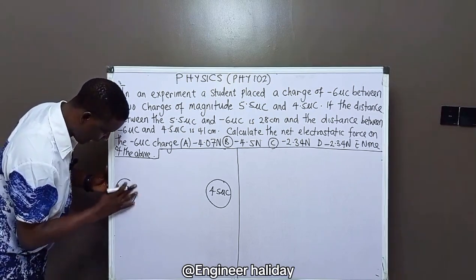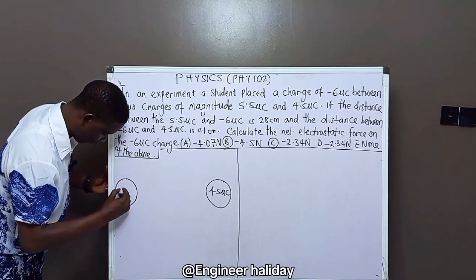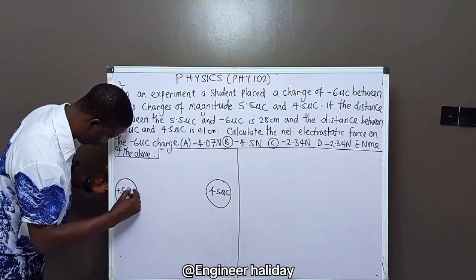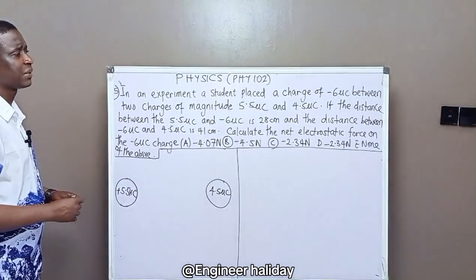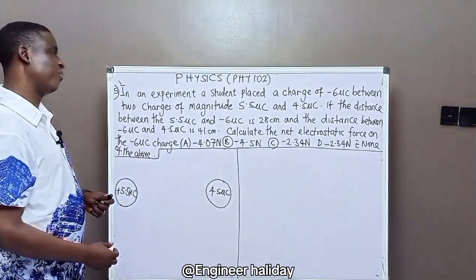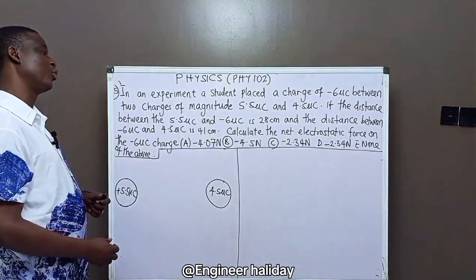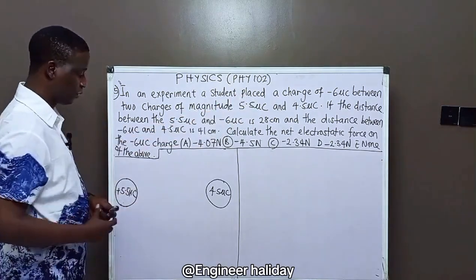Let me enlarge it so that you can see it very well. This plus 5.5 microcoulombs. Now, the question says that a student placed a charge of -6 microcoulombs between two charges, which is this and this, between them.